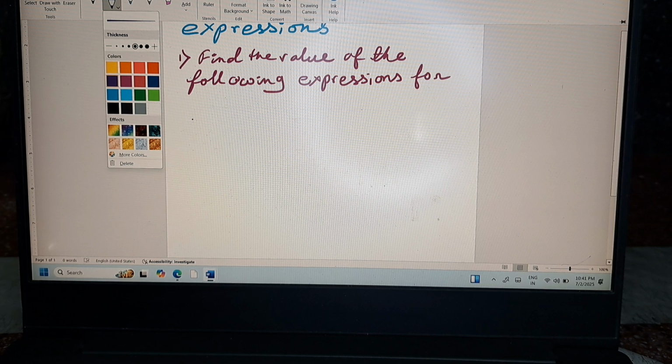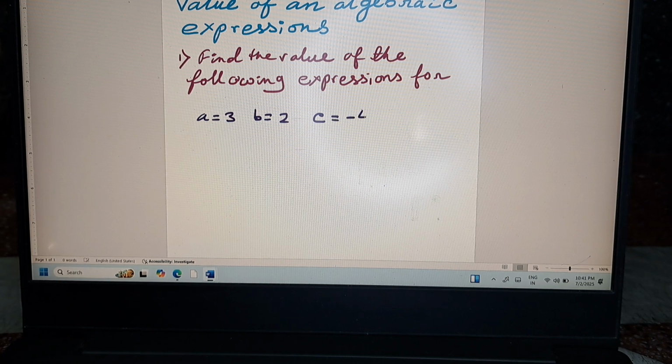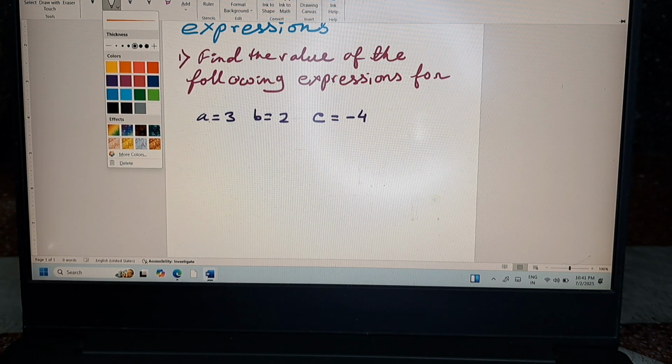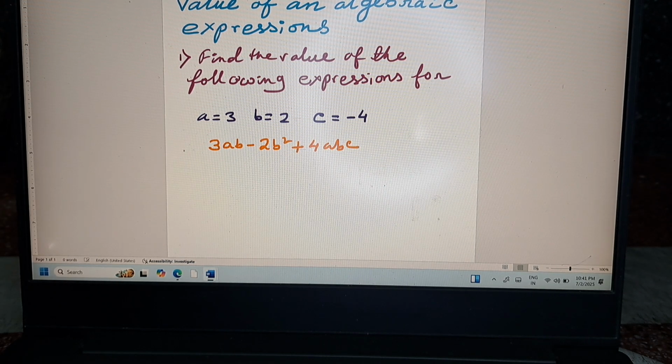Here the values are given. A is equal to 3, B is equal to 2, and C is equal to -4. So let us write the expression: 3AB minus 2B square plus 4ABC.